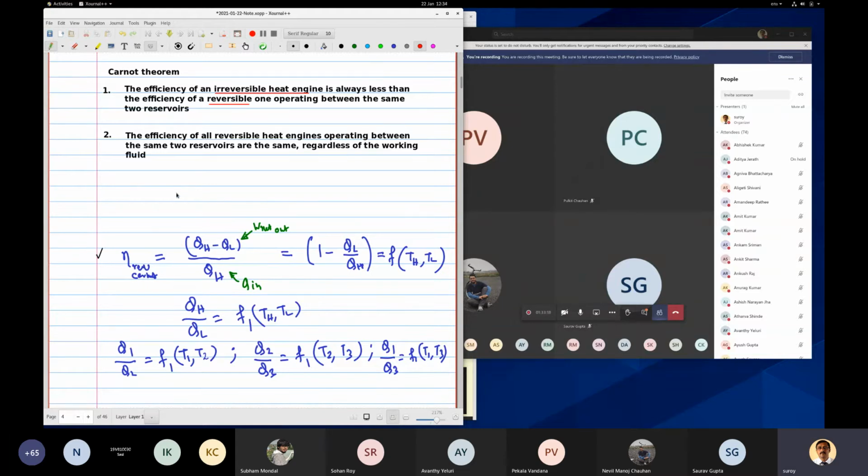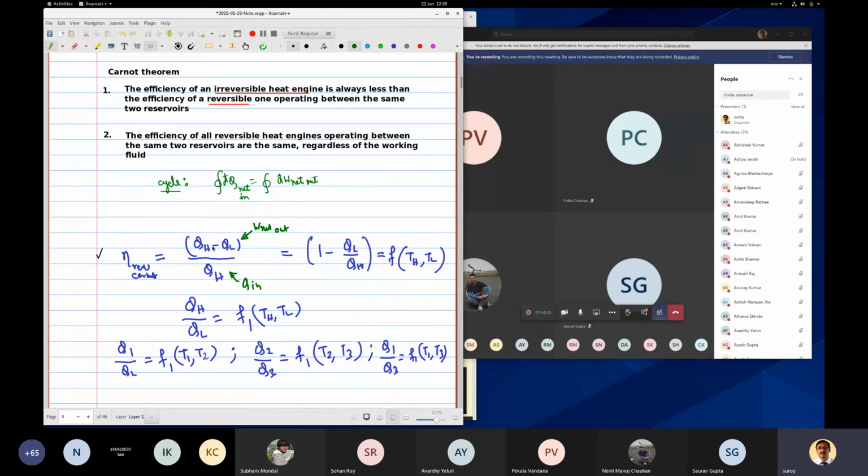So in a cycle we know Q net in is equal to W net out.